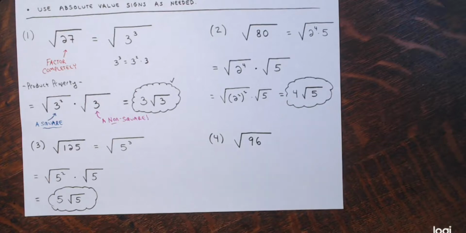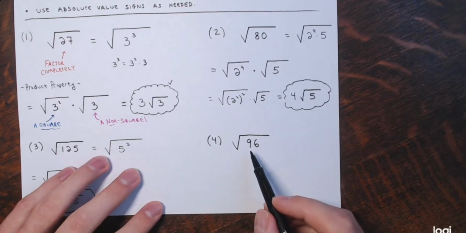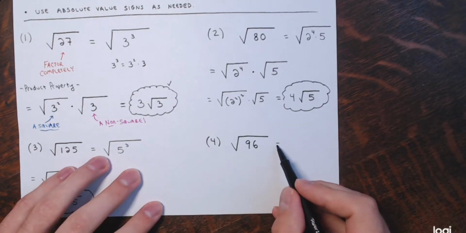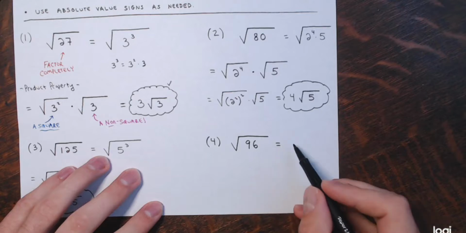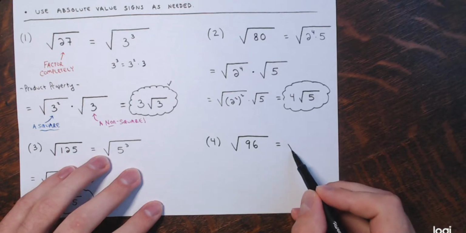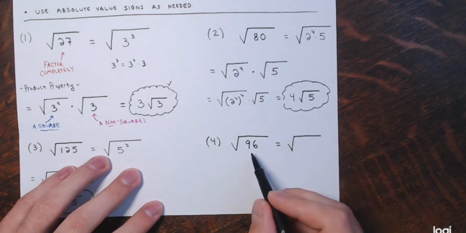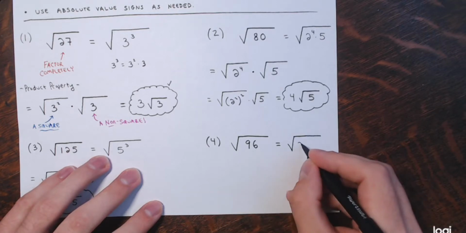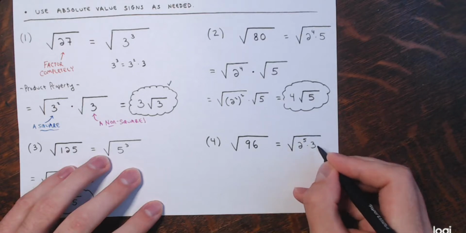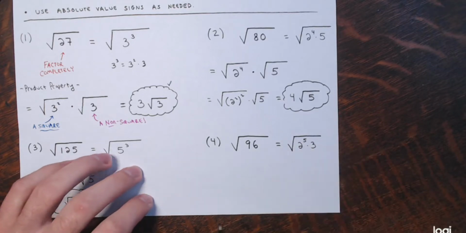The square root of 96. Now this is 32 times 3. 32 is 2 to the 5th power times 3. That's 96.